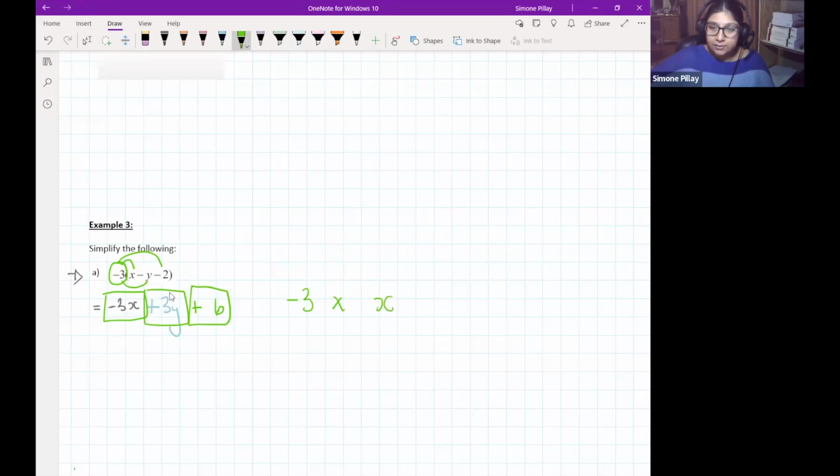Can you see that? Yes, ma'am, I see. Then I also say negative 3. It's only negative 3 because that's what's outside my brackets. Then I have to say negative 3 multiplied by, and I also multiply it with the signs inside the brackets, so this is multiplied by negative y. And then I also have to say negative 3 multiplied by negative 2.